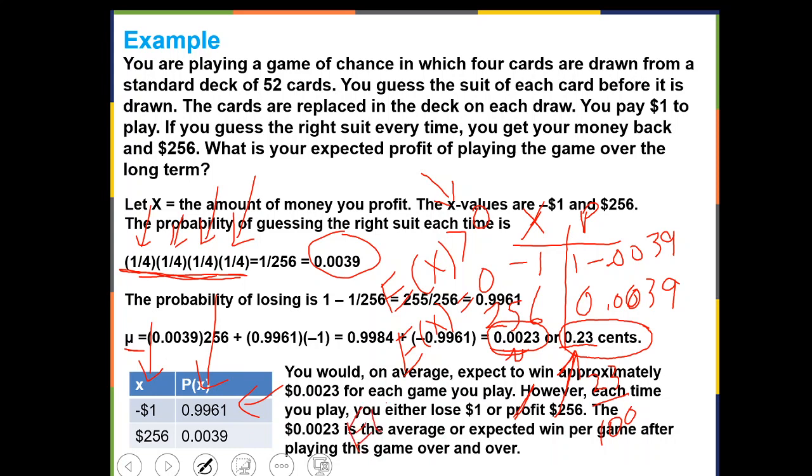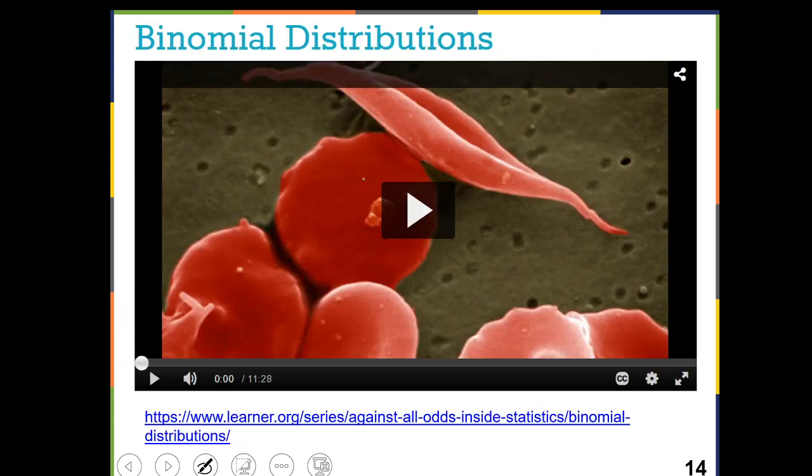And if the expected value is negative, which is the case for most games played in casinos, that means for every play on average, every time you play, you lose whatever that number is. Let's say they charge you $2 to play, and the expected value of the game is negative $1, right? If it's negative $1 and they're charging you $2 to play, that means every time you play, you lose $1 of that. All right, so that's expected value.